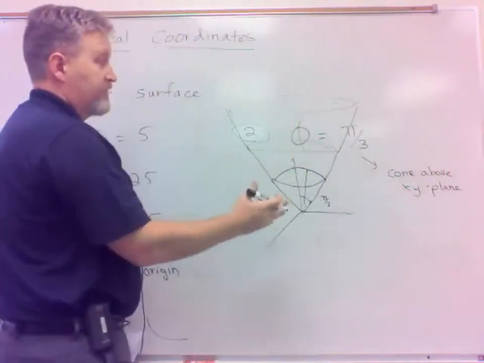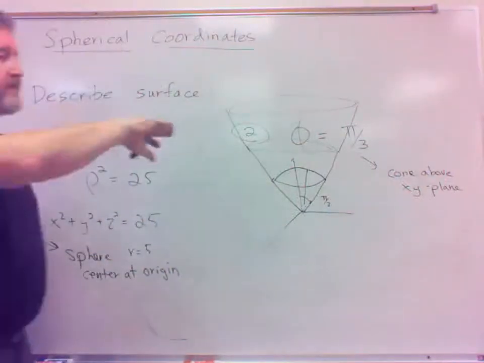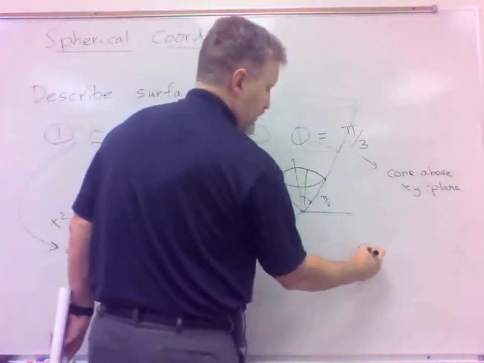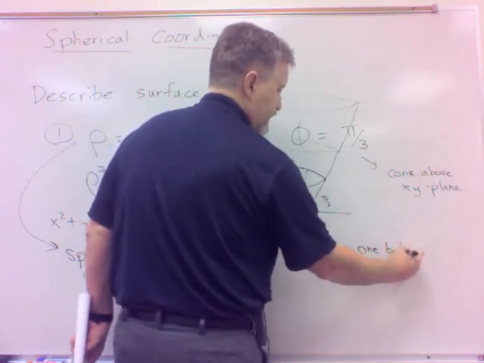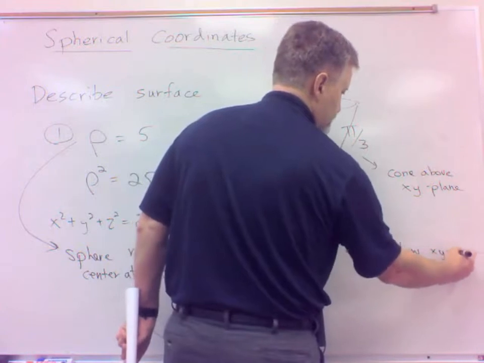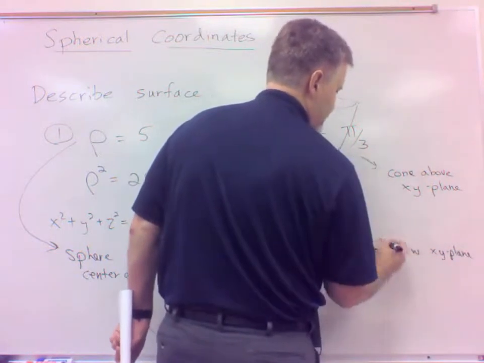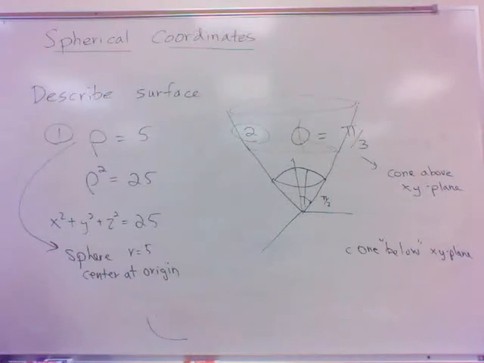Now, how would we get a cone that's below the xy plane in this orientation of our coordinate system anyway?